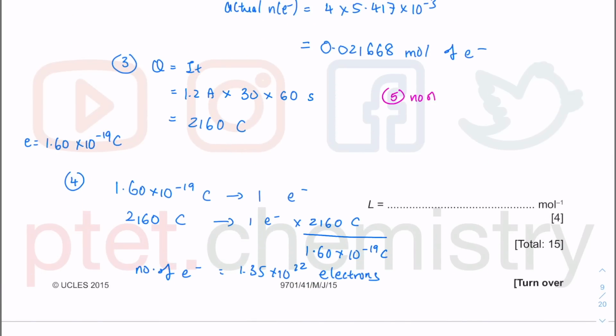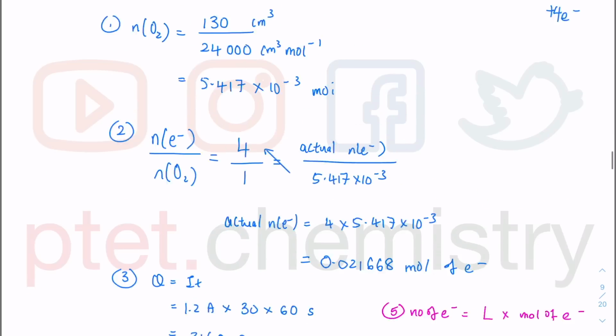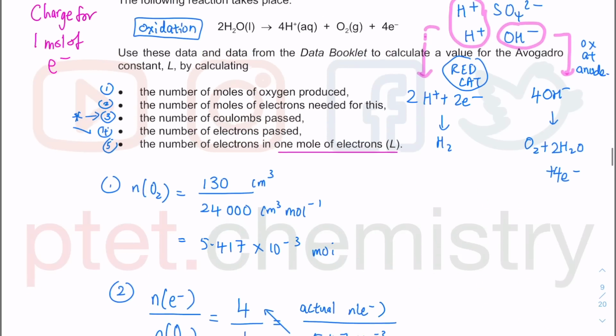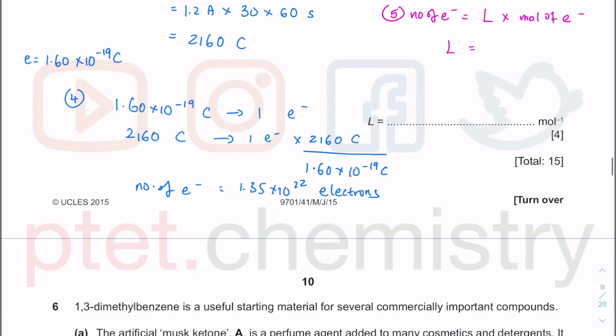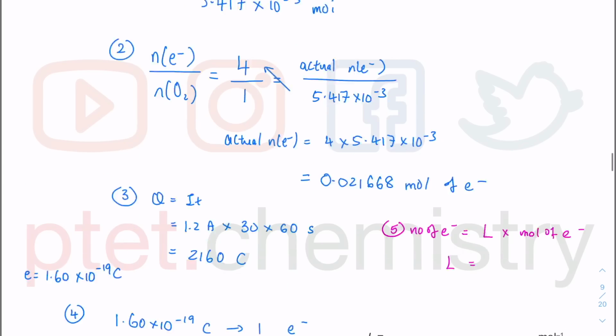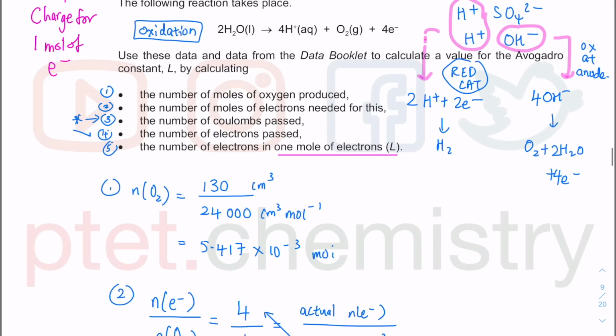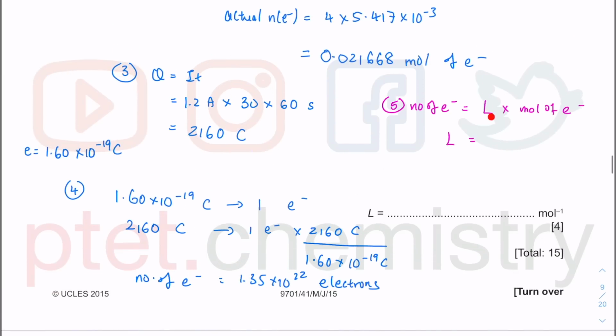So the number of electrons is equal to Avogadro's number multiplied by the mole of electrons. What do they want? They want the number of electrons in 1 mole. The number of electrons in 1 mole is the Avogadro constant. So that is the number of electrons divided by the mole of electrons.